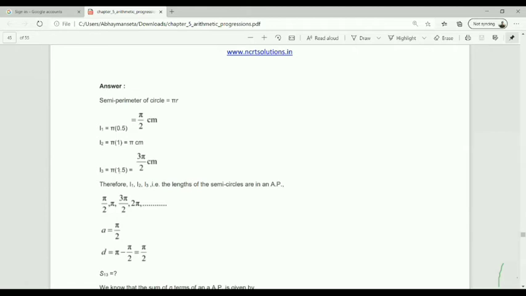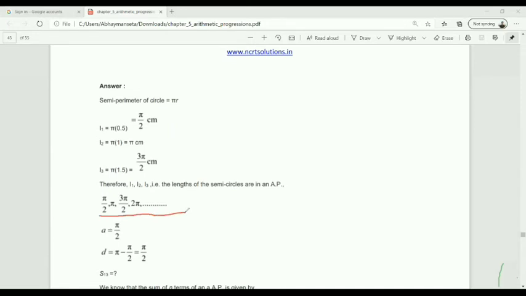L3 is 1.5 into pi, or we can write 3 by 2, because 3 by 2 gives 1.5. Therefore, L1, L2, L3, the lengths of the semicircles, are in AP. So it gives pi by 2, pi, 3 pi by 2, 2 pi, and so on.